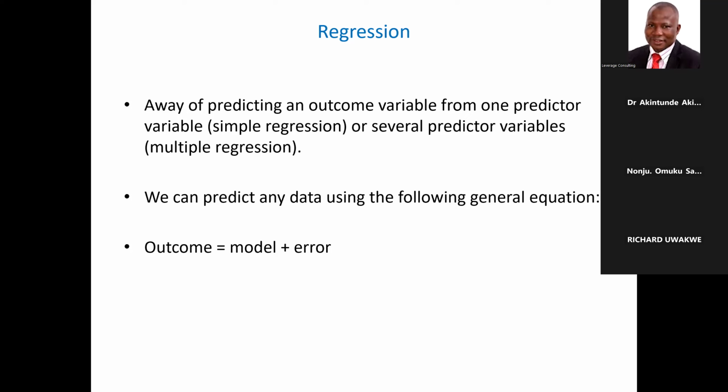So you can see now, if it is simple regression, the outcome variable is one and the exposure variable is one. If it is multiple regression, the outcome variable is one, but the exposure variables are many. We want to discuss linear regression because most of these statistical tools start with quantitative before they adapt them to qualitative. So linear regression was described first before logistic regression. The difference is the variable you are predicting.